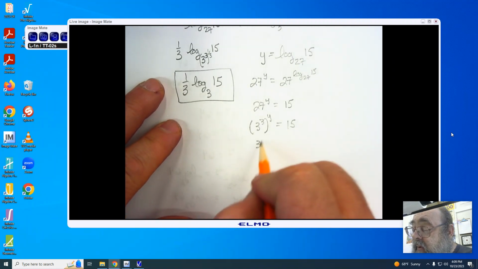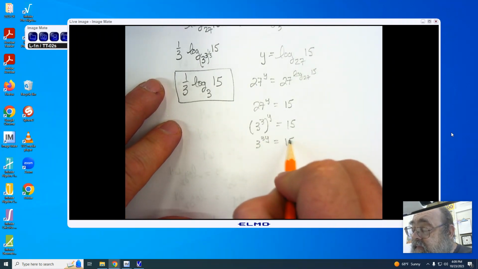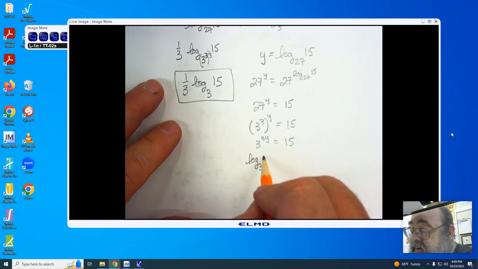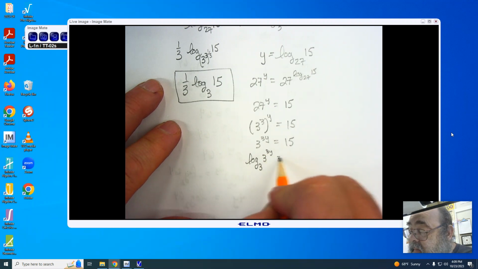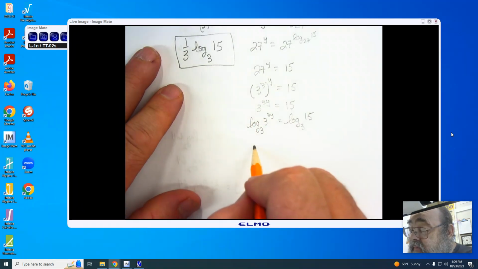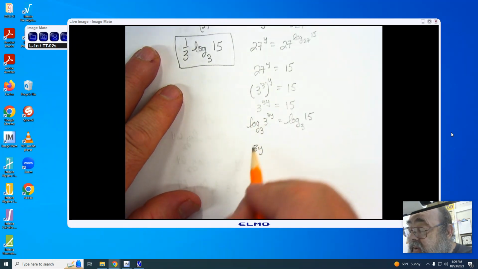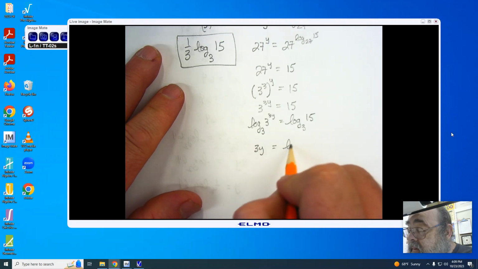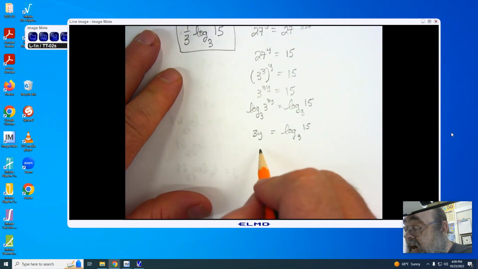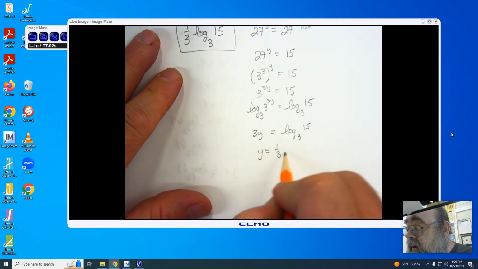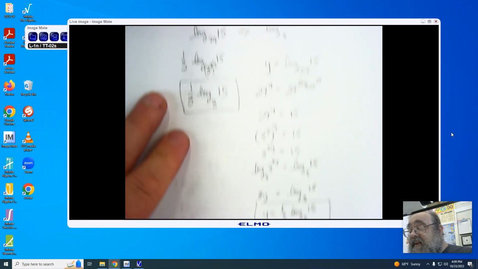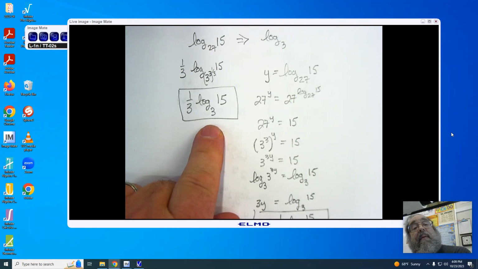So I therefore have 3 to the 3y equals 15. We now exponentiate into our new base, log base 3. 3y moves in front. Log base 3 of 3 is 1. And my last step is to divide both sides by 3: 1/3 log base 3 of 15. And you'll notice that's the exact same thing that we got here.